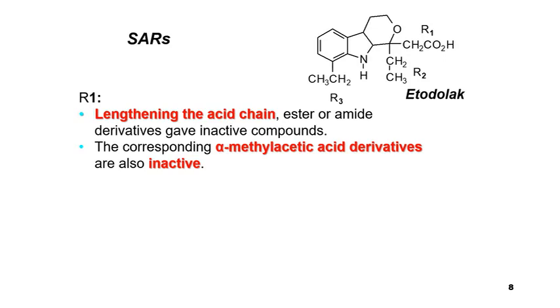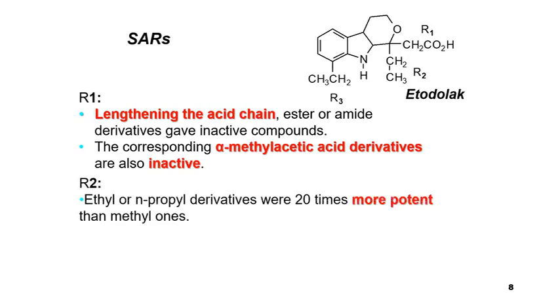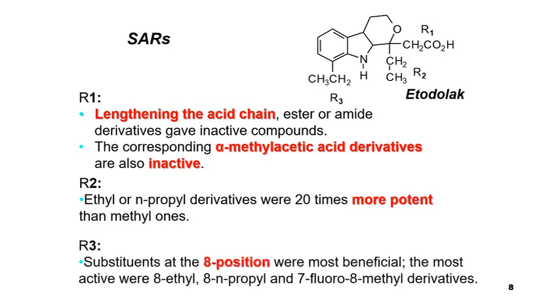At the same time, the alpha methyl acetic acid derivatives are inactive, so they should be alpha ethyl rather than alpha methyl acetic acid derivatives. They found that the ethyl or the n-propyl derivatives, we are talking now about the R2 function, were more potent than the methyl ones.